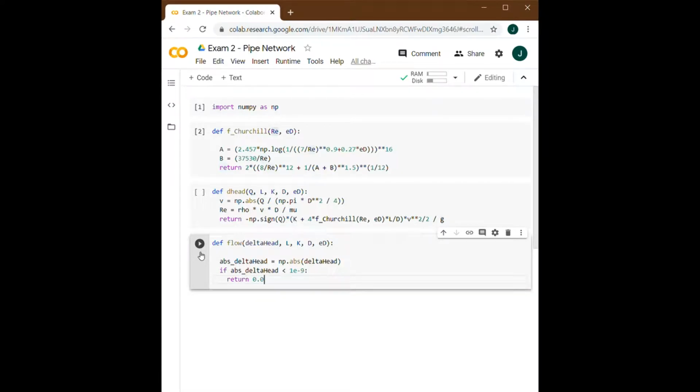That way, if we get exceedingly small numbers, we can round it to 0 to make our lives a little bit easier and our computer work a little bit less.